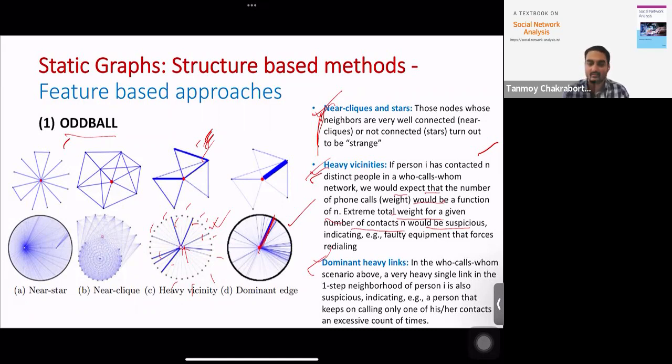For example, there is some noise or some error in the dialing pad, or in the dialing system. So automatically, without your intervention, your phone calls another phone because of the dialing problem. These kinds of anomalies are important to detect, mostly for telecommunication networks.